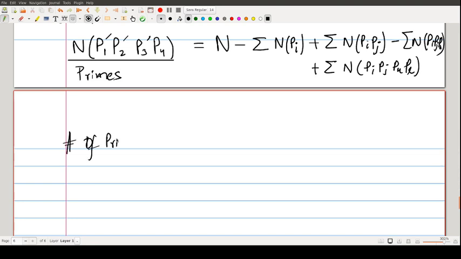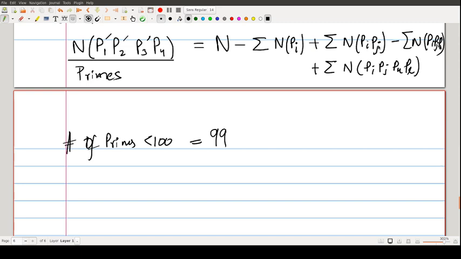So the number of primes less than 100 is equal to the total number of elements less than 100. So total number of elements, you can think that's 101 if you want to include 1 or 100, and it's 99 if you want to exclude those numbers. So let's call it 99.